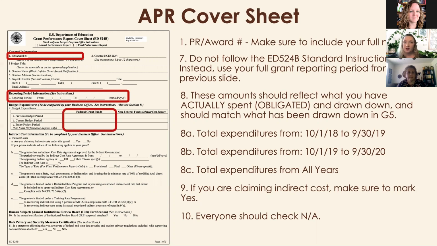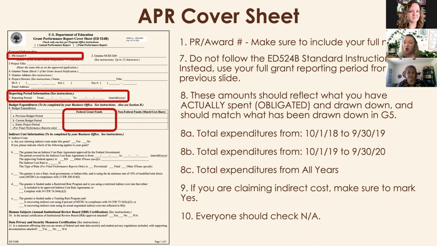Then as we move on to section 8, the big things to remember there are what dates you're going to be using for various things. So you have 8A, which is your previous budget period. So that's asking you the last year. So October 1st, 2018 to September 30th, 2019. Then you have 8B.